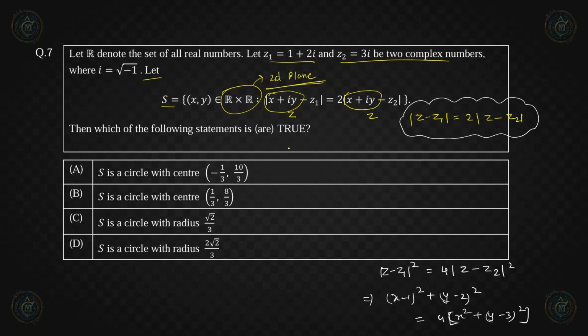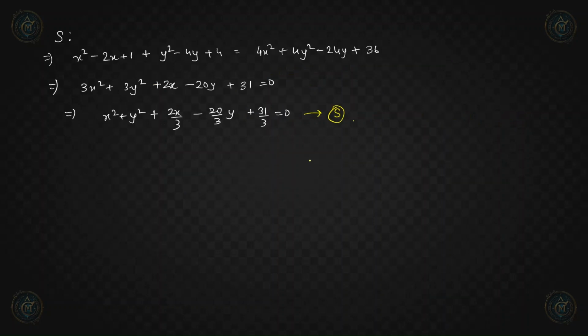Now let's check what we have to find. S is a circle, and all of the options are about it, so we have to check the center and the radius of this circle. The center will be (minus 1 by 3, 10 by 3). And the radius of this circle will be under root of 1 by 9 plus 100 by 9 minus 31 by 3.